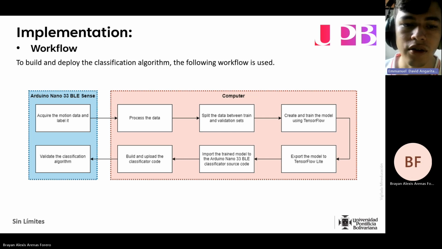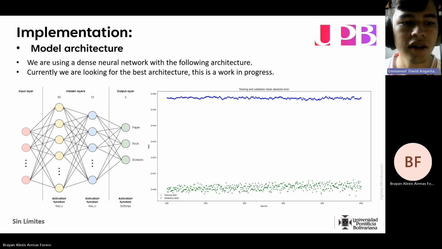Finally, we can test our algorithm on the microcontroller, and if we have to make some adjustments or modifications, we'll have to repeat the previous steps. In summary, we capture the data with the microcontroller, train the model on a powerful computer, and deploy it on the microcontroller.